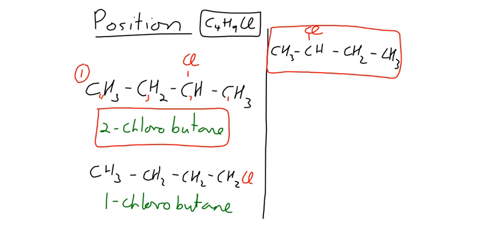If I want a structural isomer of this, I can change it. I can put my chlorine on my first carbon. Now I have 1-chlorobutane. We must add a number. Why? We add numbers to show that there's various positions my chlorine can be at. Can be either 1 or 2.